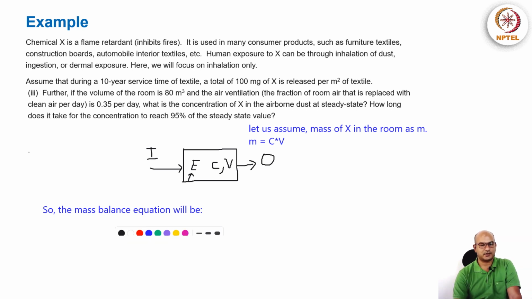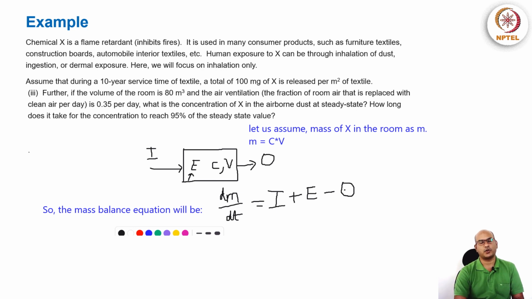The mass balance equation will be dm by dt equal to, what are the total inputs or sources, I plus E, and the only output or sink is the outflow. So I plus E minus O.